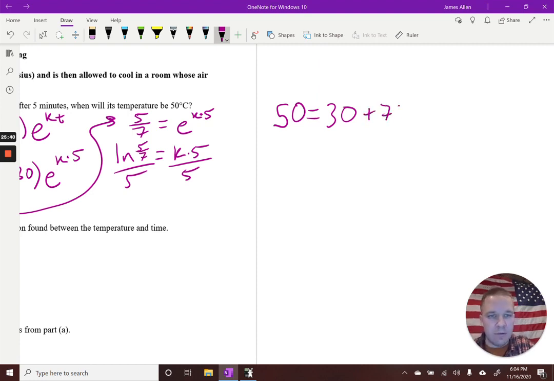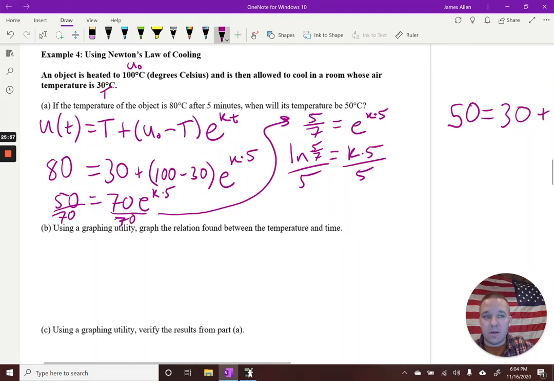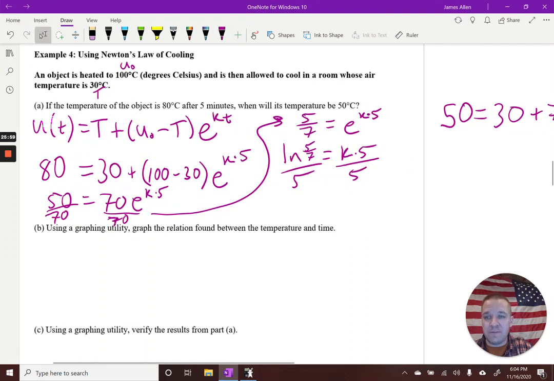Because it was 100 minus 30. And then E raised to the K, whatever that is in my calculator. I'll just write K this time, and I'll write a note: stored. And there we go. So we're just solving for T. I took U of T to be 50.